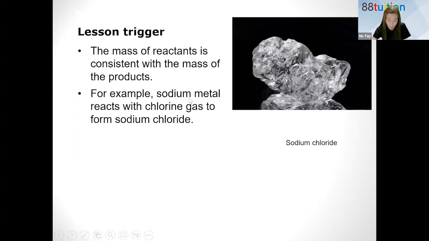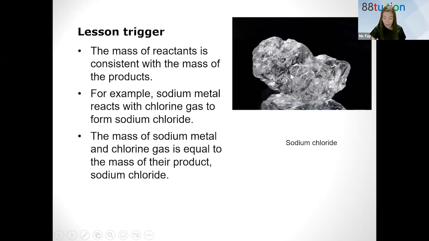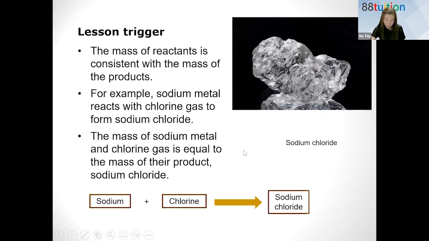For example, sodium metal reacts with chlorine gas to form sodium chloride. This is like the salt that you are looking at now. The mass of sodium metal and chlorine gas will be equal to the mass of their product. So whatever you put in is what you will get after the reaction.